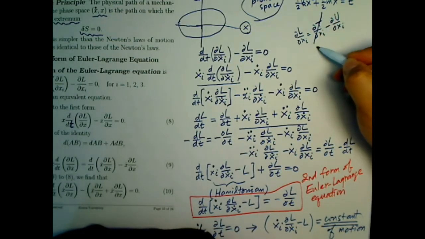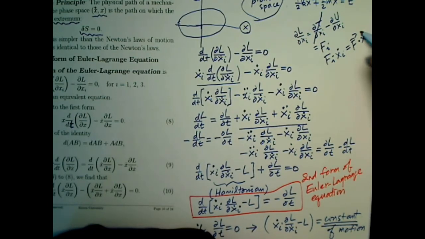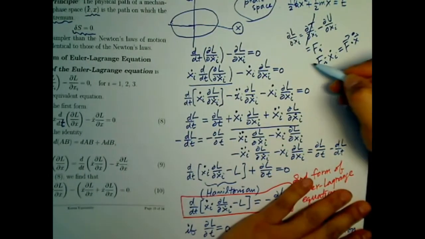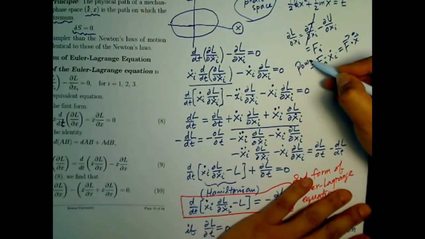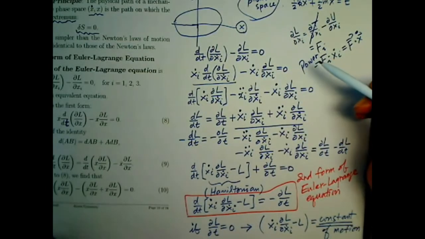Potential energy minus gradient, this is F_i. So F_i times x_i dot, this is F dot v, right? So this is power. So this is something related with power.